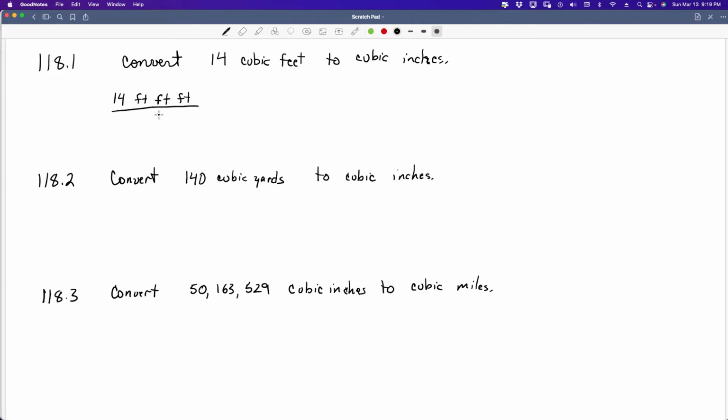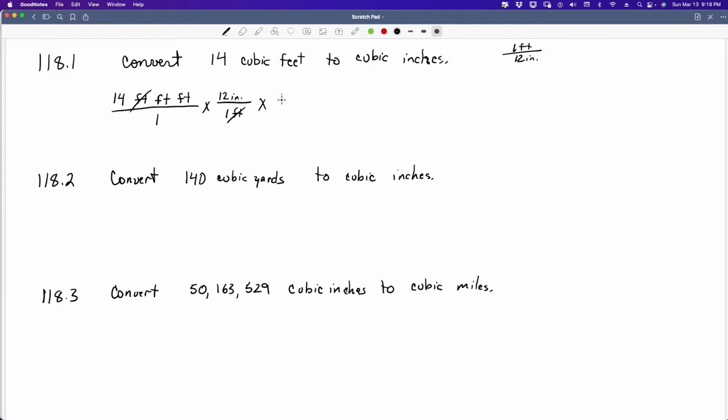We're going to put that over 1, and then we're going to use our reference of feet to inches, which is 1 foot is 12 inches. And we're going to multiply. We're going to put 12 inches in the top and 1 foot in the bottom. That allows us to cancel this one.